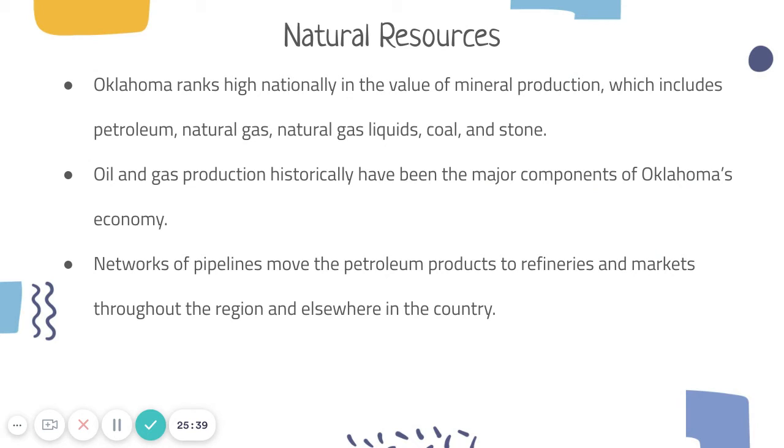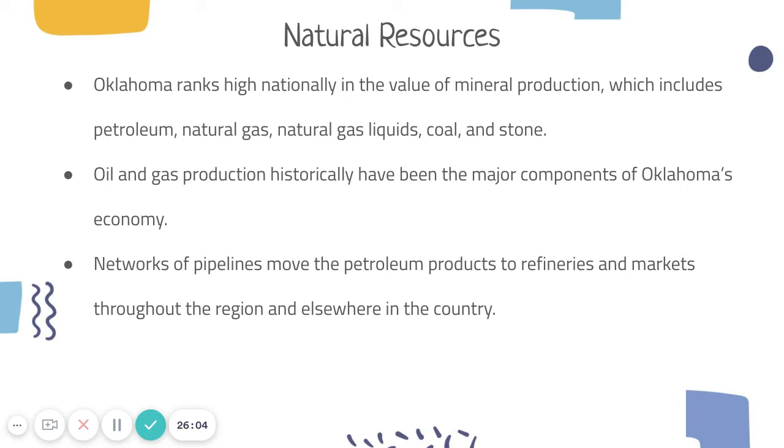Yes. Good job. You are learning something. I'm so happy. So oil, natural gas liquids, coal, stone. We see these different minerals, these products God created for Oklahoma to have an influence nationally.